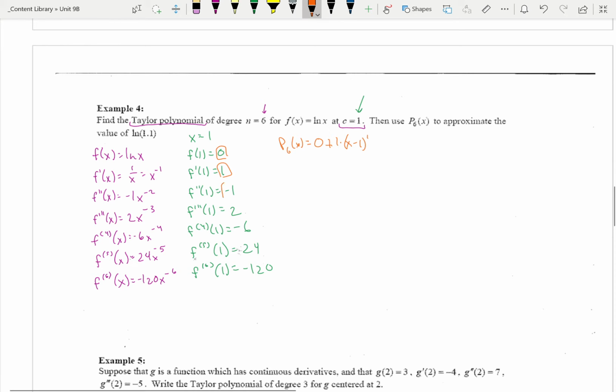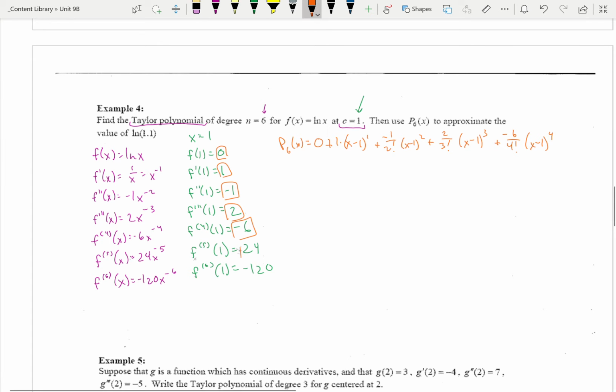The next coefficient is negative 1, so we put that negative 1 on the top. We put a 2 factorial on the bottom, and now we've got x minus 1 raised to the 2. Our next coefficient is 2, so I'll put that on the top and the 3 factorial on the bottom, and we've got x minus 1 raised to the 3. Our next coefficient is negative 6, so I'm going to put a negative 6 on the top and a 4 factorial on the bottom, and then have x minus 1 raised to the 4th.